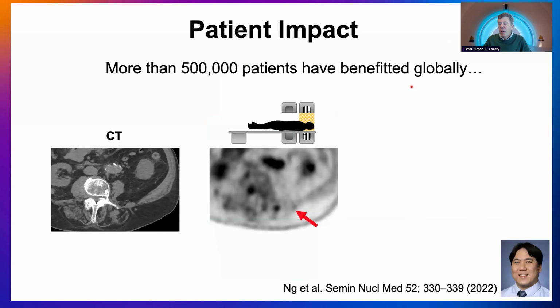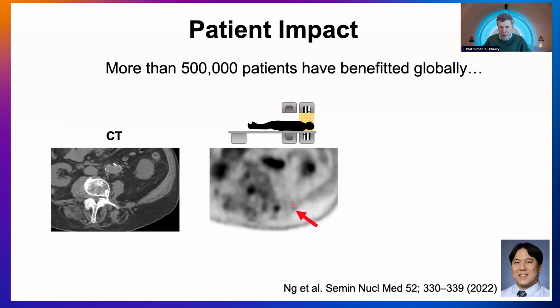Patient impact. So at least 500,000 and probably now closer to 1 million patients have now benefited from total body PET technology. And I'll just show you one example where we have paired scans on a conventional scanner of a patient, and that's in the middle panel here. This patient has a suspicious area of perhaps increased activity here.